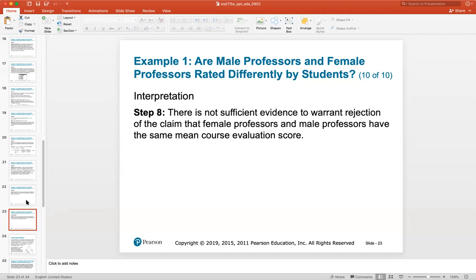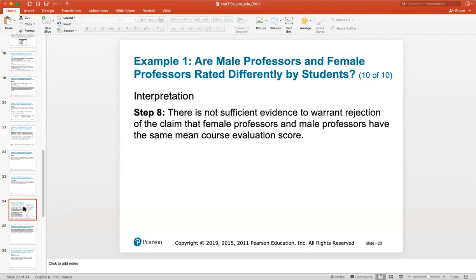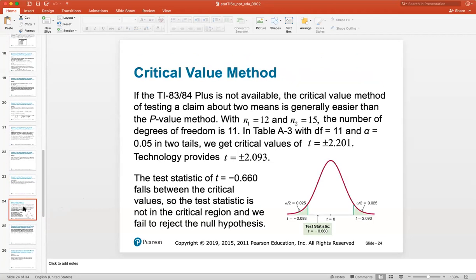That's the p-value method, and next we can reach a conclusion about the claim using the critical value method. Since alpha is given, and the alternative hypothesis H sub 1 is mu sub 1 not equal to mu sub 2, we apply the two-tailed method. So we take alpha over 2, which is 0.025.